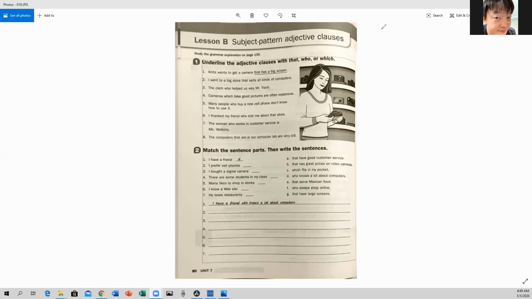On page 80 you see that we have two exercises.